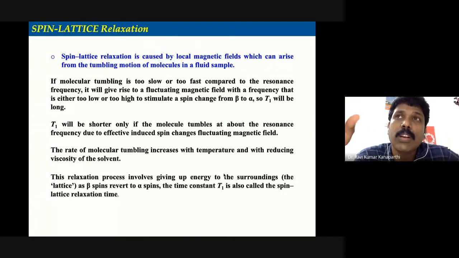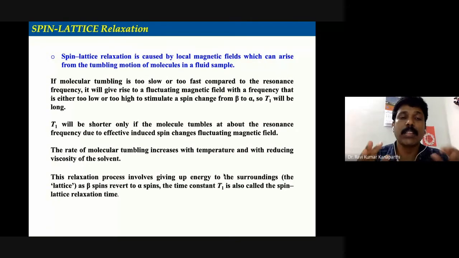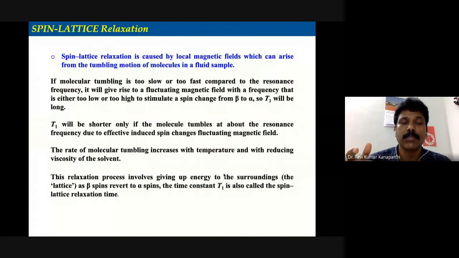T1 is the relaxation time it takes to go back to the original position, and that will be very long. T1 will be shorter if the molecule tumbles at about the resonating frequency, due to effectively induced spin changes from the fluctuating magnetic field. You can understand there are two situations where the tumbling motion decides the longitudinal time constant, or the spin lattice relaxation constant.